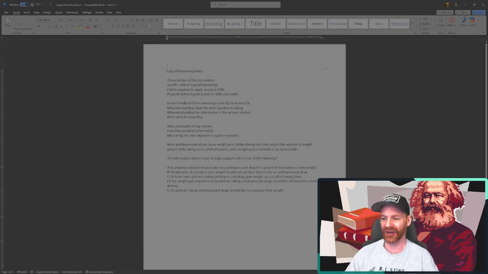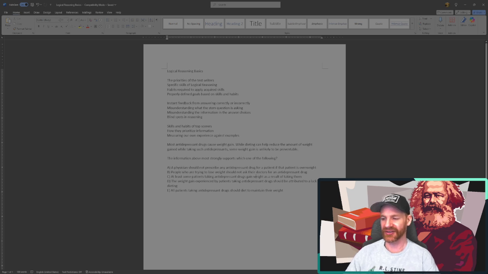The stem of the question is "most strongly supports." So this statement, while it's somewhat correct, doesn't most strongly support the information given in the prompt.